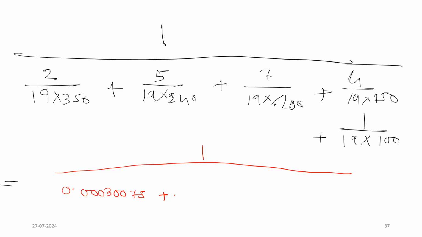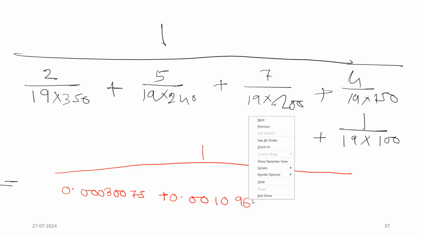Is plus 0.00109996. Yes. 1.5. Then 19 into 200, 7 by it is 0.001842.